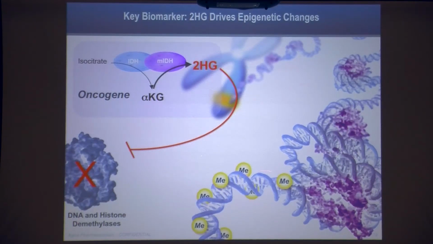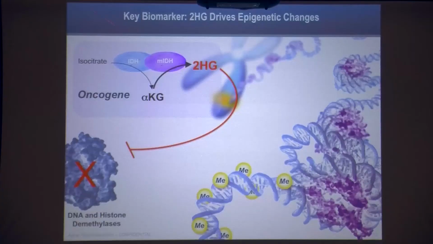So they no longer can remove these methyl marks on the DNA and the histone. And what happens when that happens is that the chromatin is condensed, and the genes that are involved in these regions are not expressed, and your cell sits in a de-differentiated state or a more stem state.